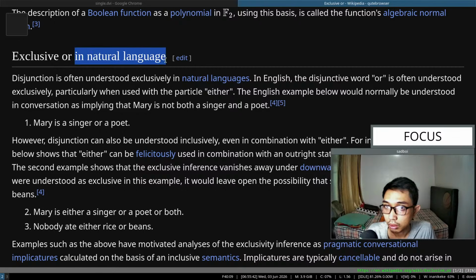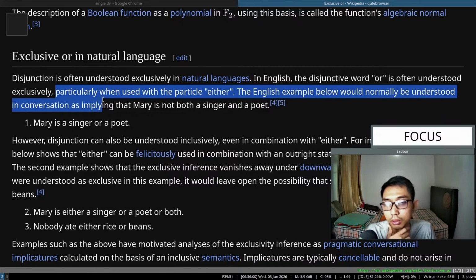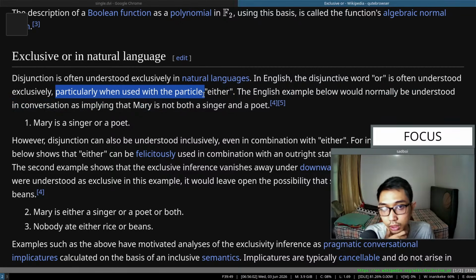Exclusive or in natural language. Oh, interesting. Disjunction is often understood exclusively in natural language. In English, the disjunctive word or is often understood exclusively, particularly when used with the particle either.